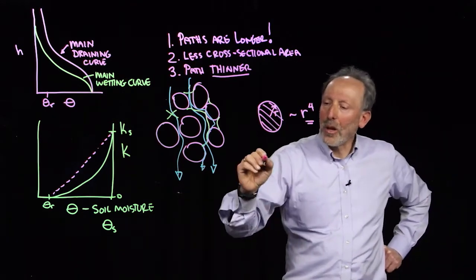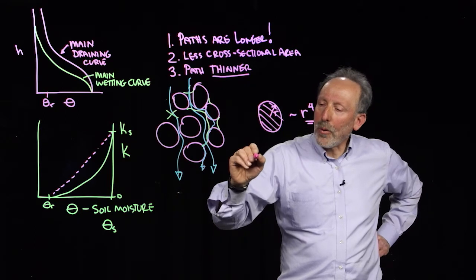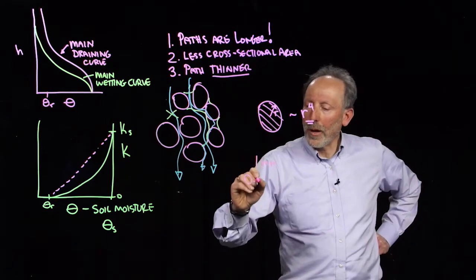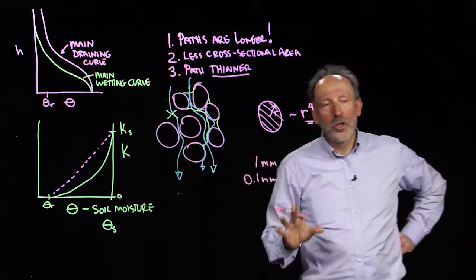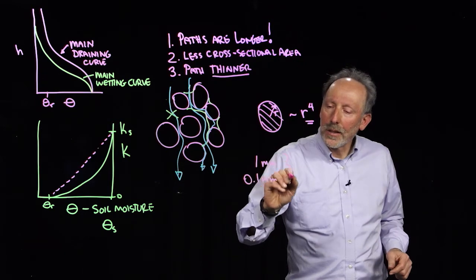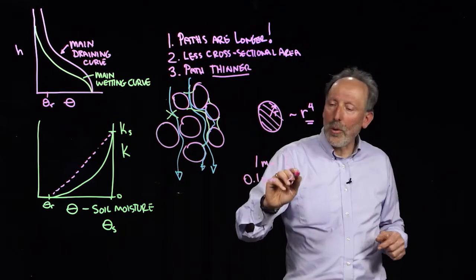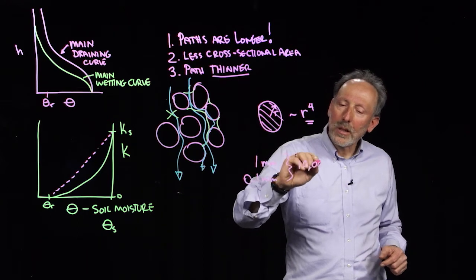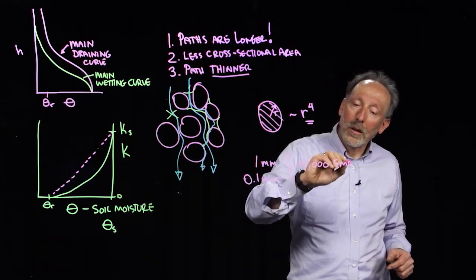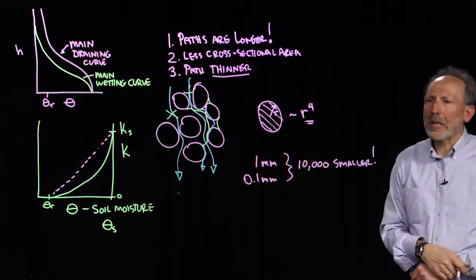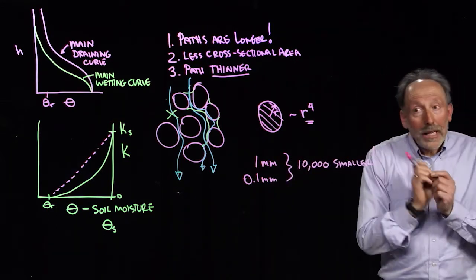So just for example, if we had a pore that went from 1 millimeter typical pore size to 0.1 millimeter, just having smaller pores, that suggests the resistance to flow through any given pore would be 10,000 times smaller. 10,000 times smaller, that's for any given pore.